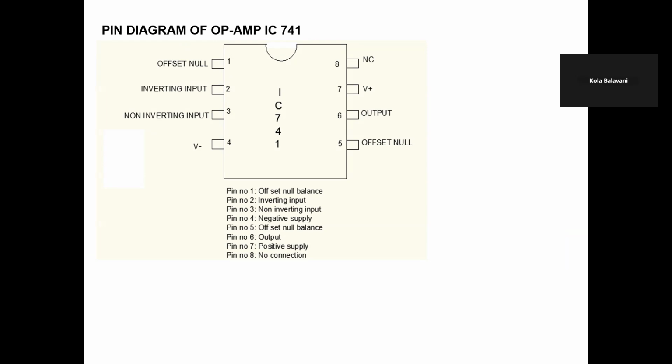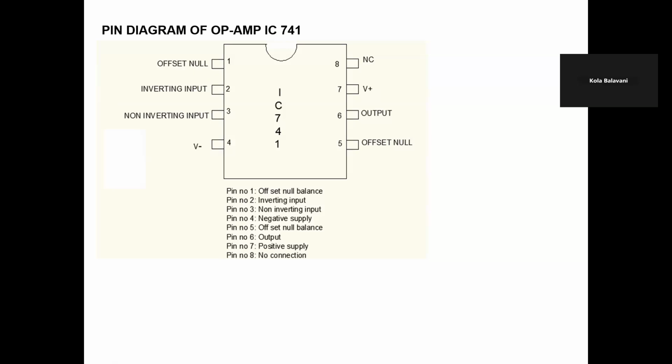The signal applied here will be inverted at the output. The third is the non-inverting terminal. Whenever you apply input to this pin, the output is in phase with the input signal.